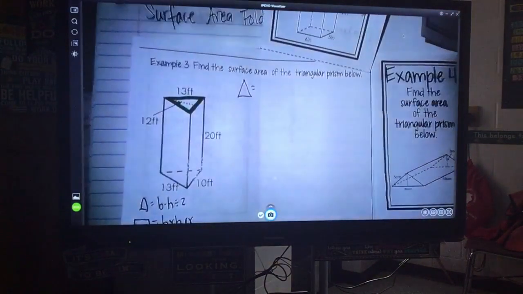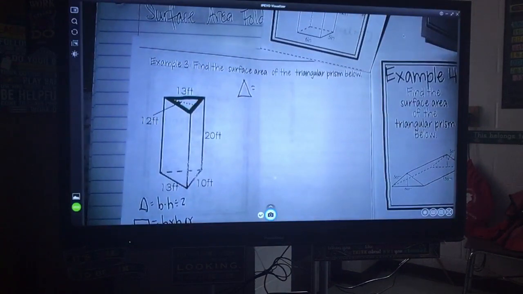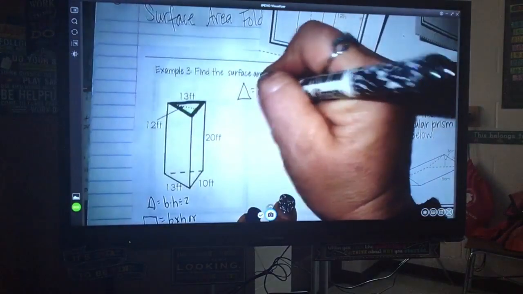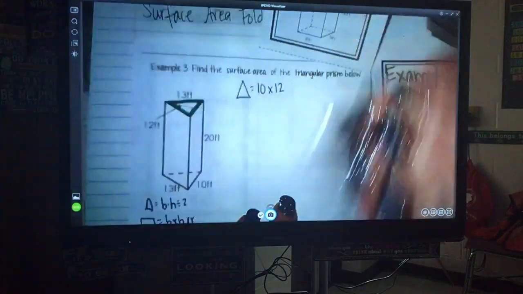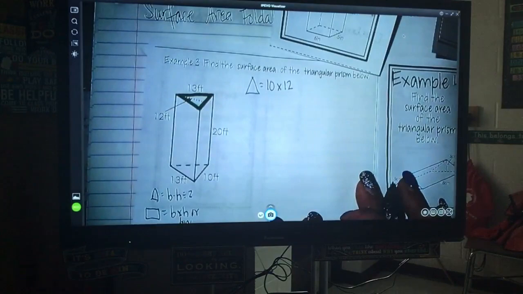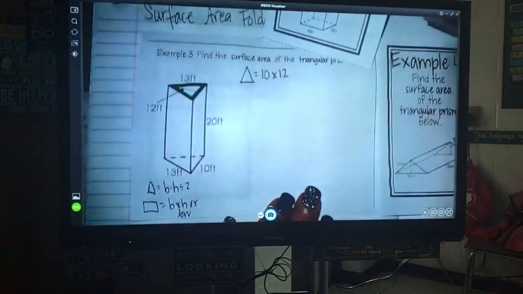What's my height, what's my base for this one? Gabriel, 10 times 12. How did you come up with 10? If you look at the bottom triangle, it is 10 and 13, but we don't use 13.